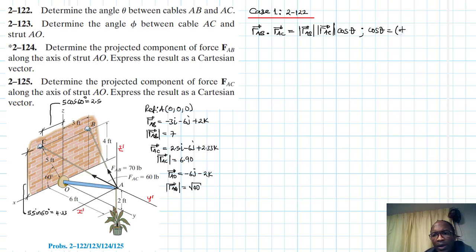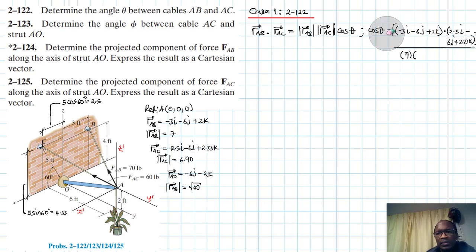So we have minus 3i minus 6j plus 2k dot the other one there, which is RAC: 2.5i minus 6j plus 2.33k, and everything divided by the magnitude of RAB, which we found as 7, then by the other one.